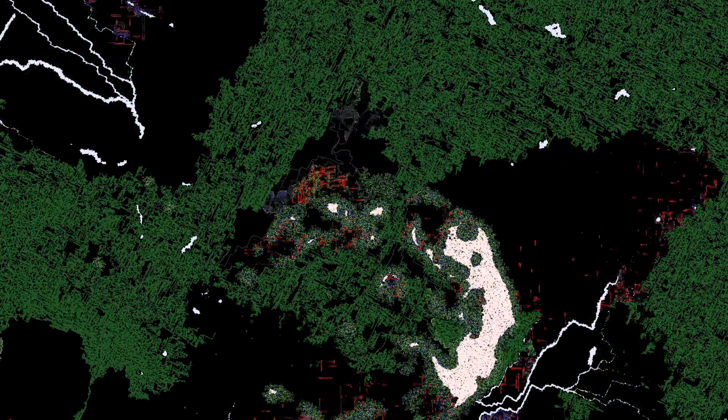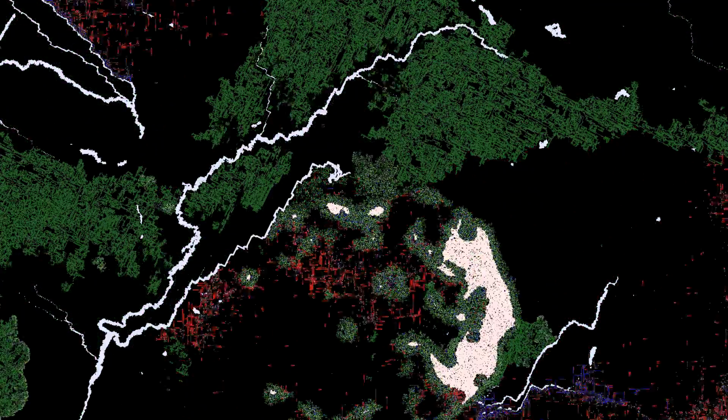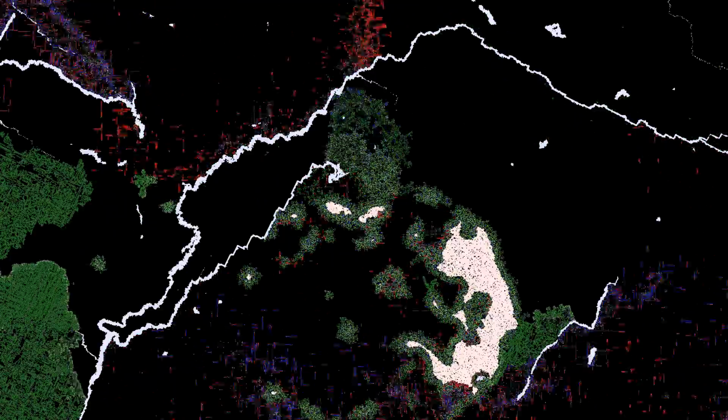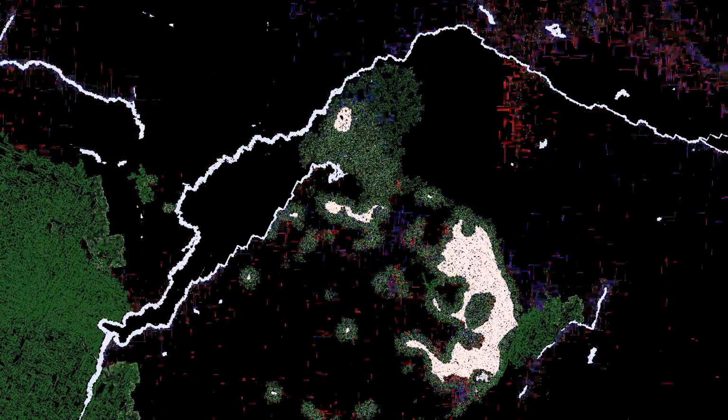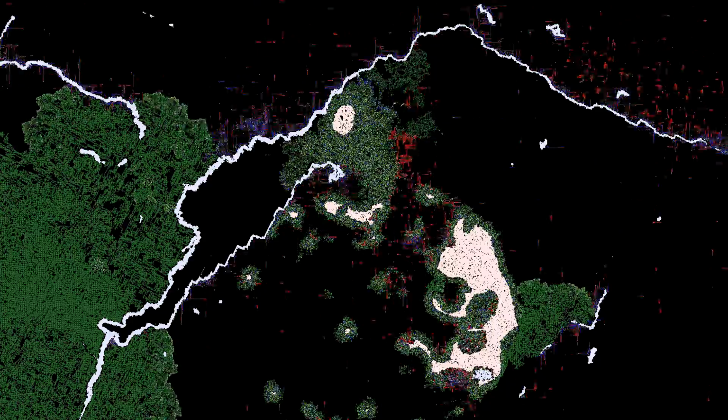In most cases, the growth rate of such colonies is pretty low. But here we can see a colony that occupied new space pretty fast.